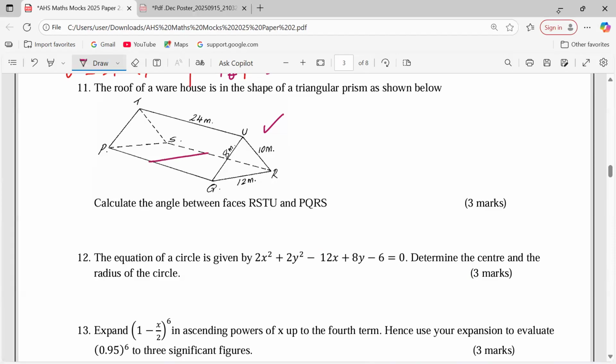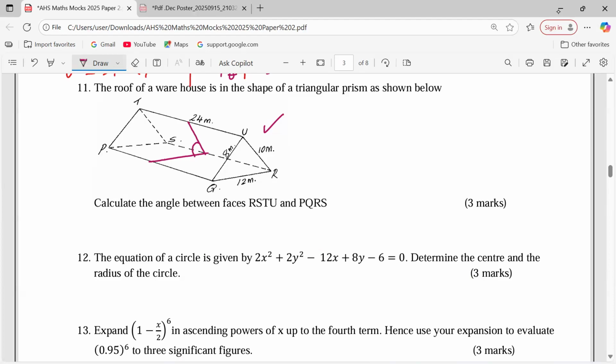So we draw a line through the first plane to SR, and also another line through the other plane, also to the same point. So the angle of our interest is this one.